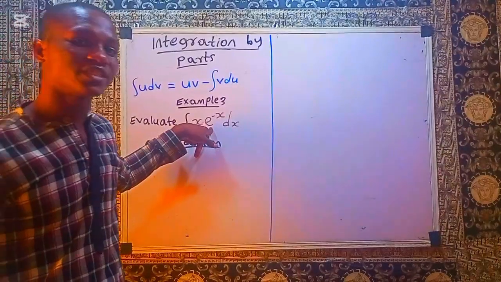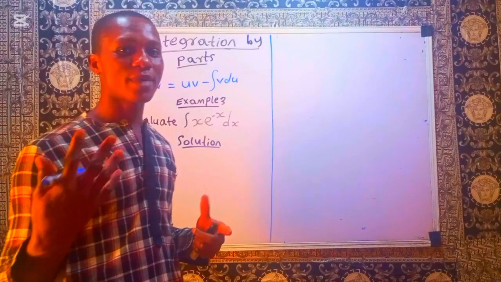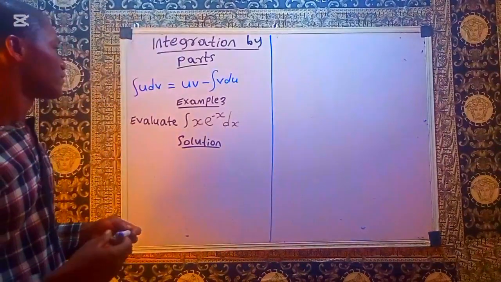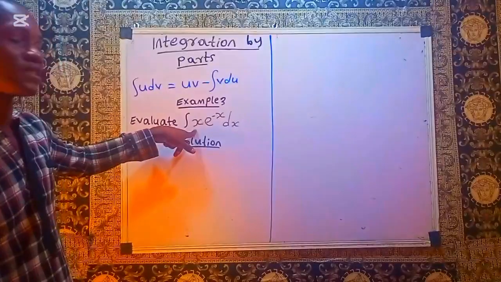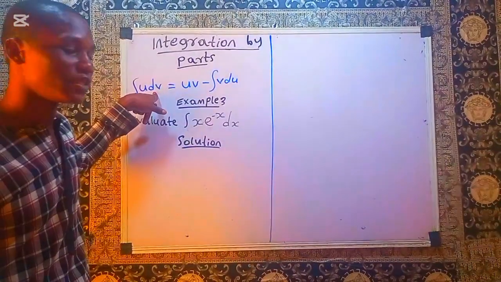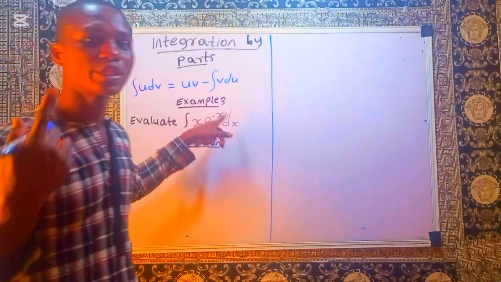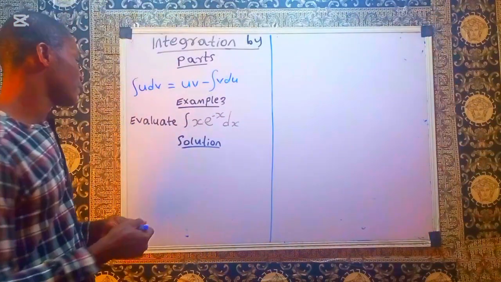But exponential minus x, no matter how many times you differentiate it, cannot vanish. Because of that, we call x u, and we call exponential minus x dv. The one you call dv is the one you are going to integrate, and the one you call u is the one you are going to differentiate.